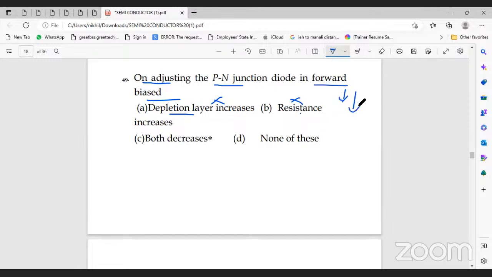Even the resistance will decrease. So both are going to decrease.